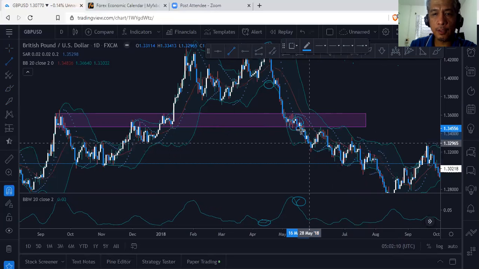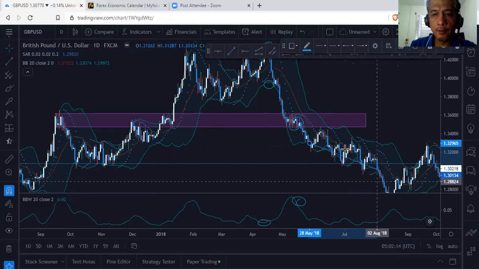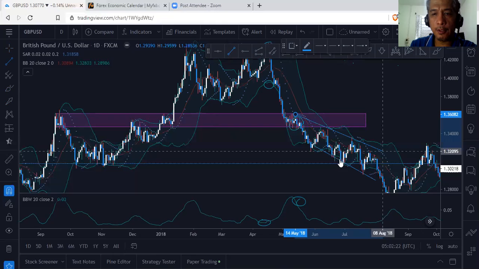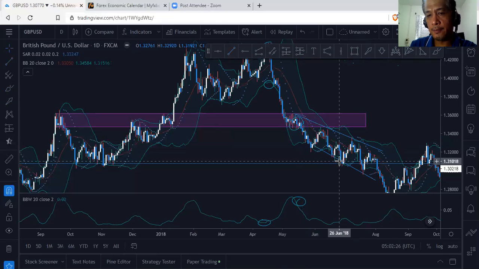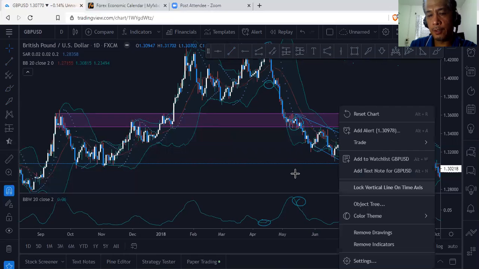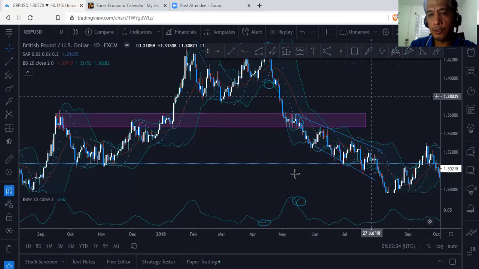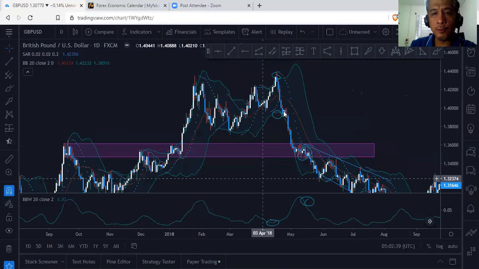From here, going down here, from here, you can see that one, descending channels, right? And after that one, you can see an increase, a bulging again. You can see the Bollinger Band is bulging. You can also see here a Bollinger Band walk.